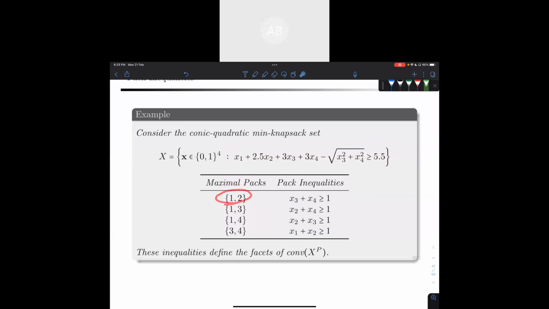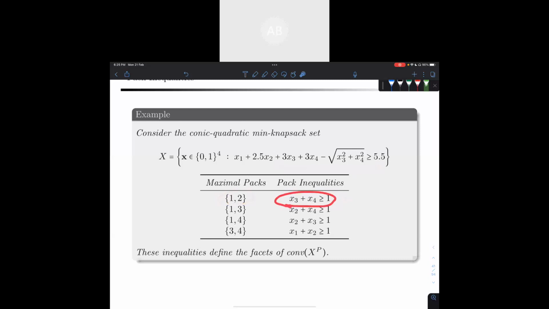And clearly, if you add either 3 or 4, it becomes a feasible solution, so it's of course a maximal pack as well. Similarly, 1, 3 is a maximal pack, 1, 4 is a maximal pack, and 3, 4 is a maximal pack. And the pack inequalities correspondingly are, here, in any feasible solution, at least one of x3 or x4 has to be equal to 1.